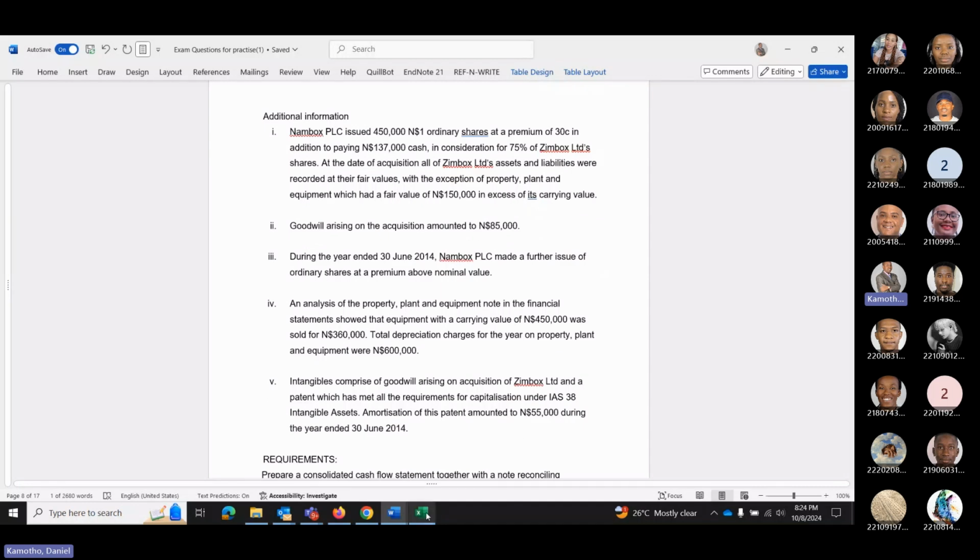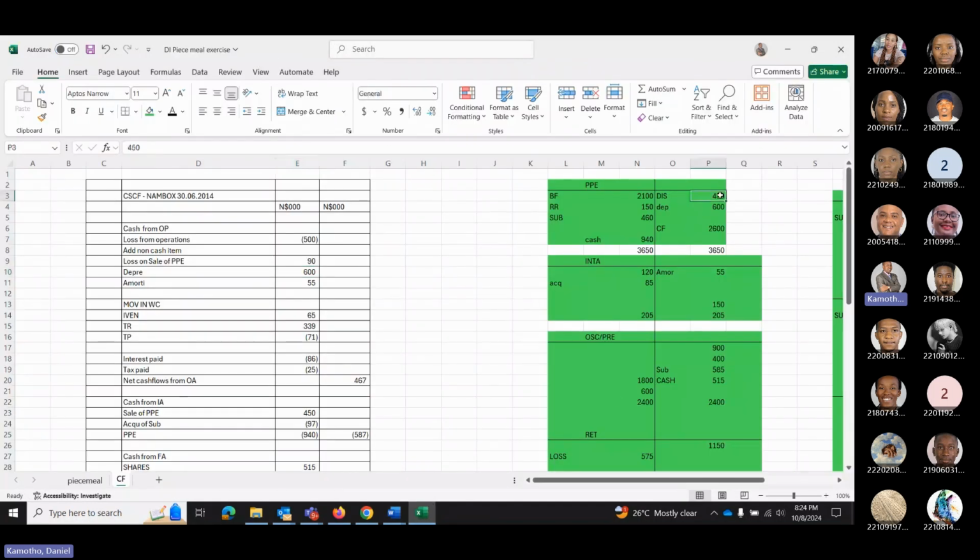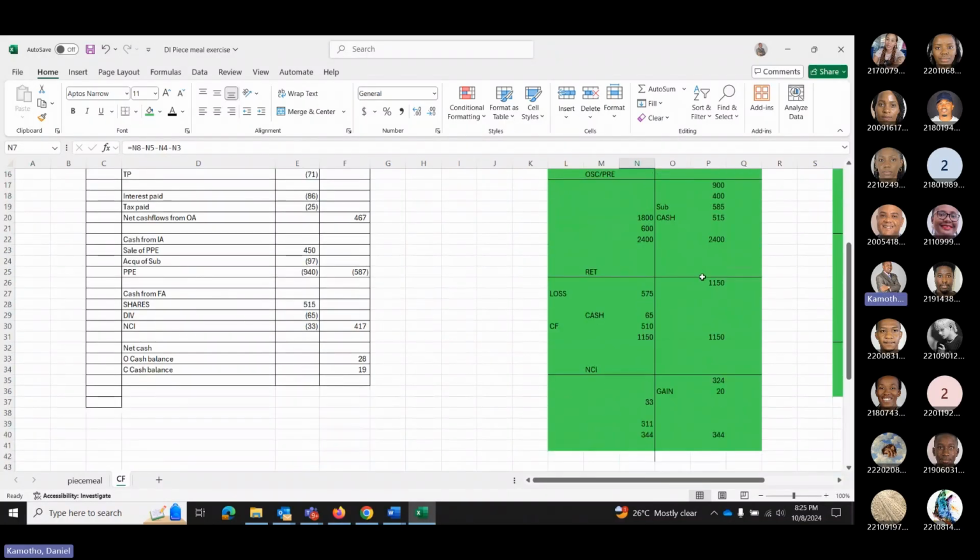So let's look at the PPE, whether we put this: depreciation is 600, disposal is 500. The sub asset was 460. The balancing figure, how did we work out the balancing figure? The carried forward, we got 940. That looks fine also. Ordinary share looks fine.